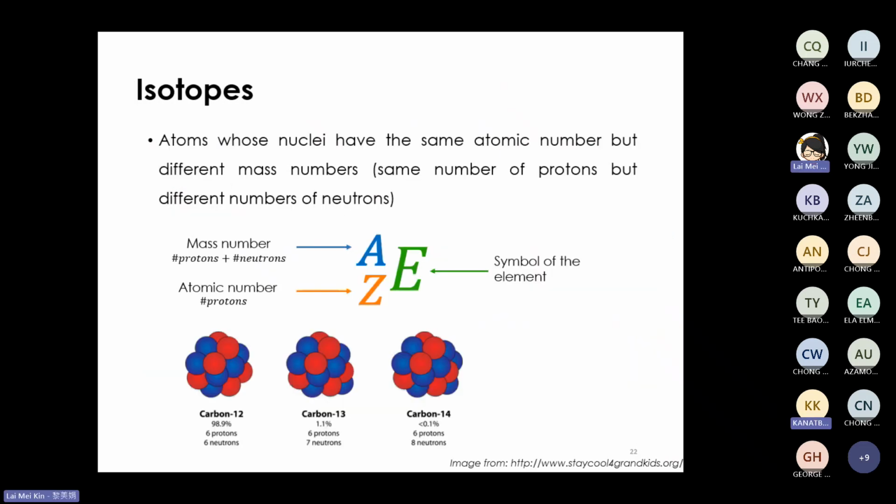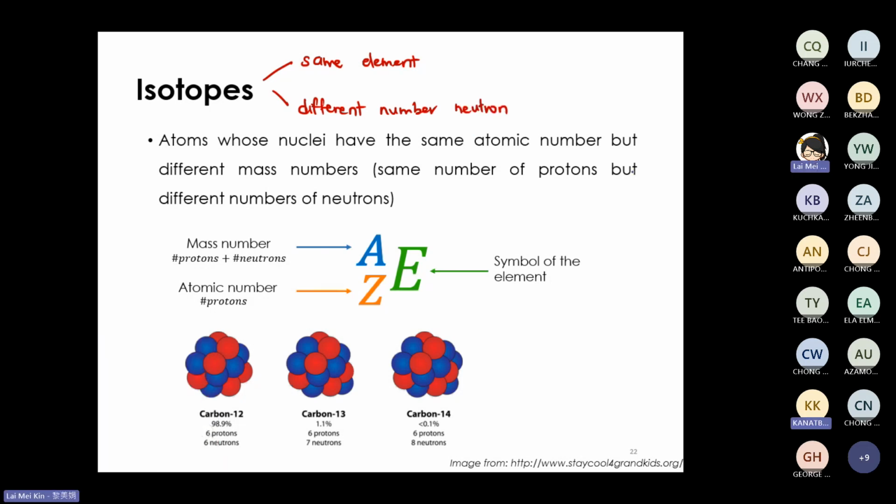All right, next, isotopes. We also discussed isotopes in chapter 1. What do you remember about isotopes? Same element, but they have different number of neutrons. Can I reword this?